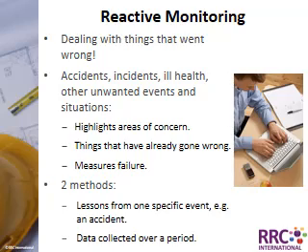That is, indicators that show the direction of travel after an unwanted event, such as an accident, occurs. If lagging indicators are moving in a positive direction, then the chance of an accident has reduced. Conversely, if lagging indicators are moving in a negative direction, that is an indication that the chance of an accident has increased.